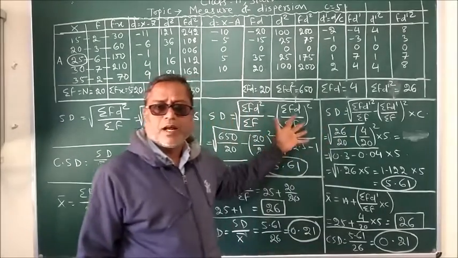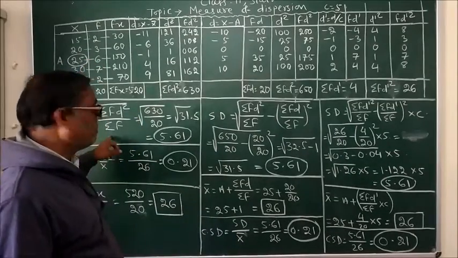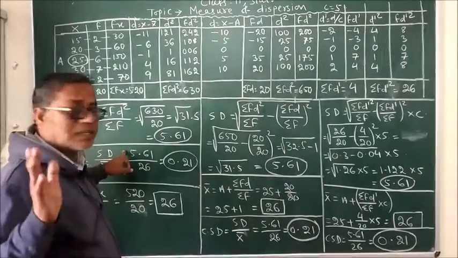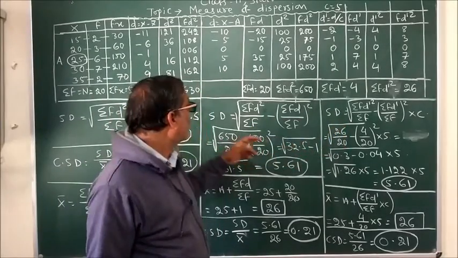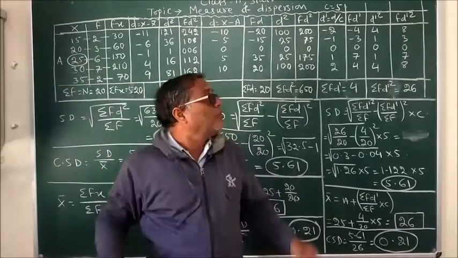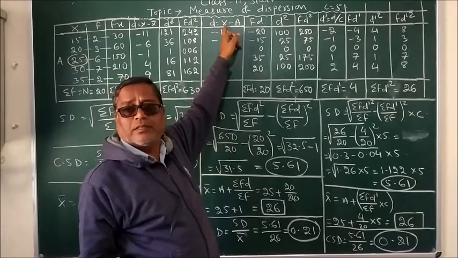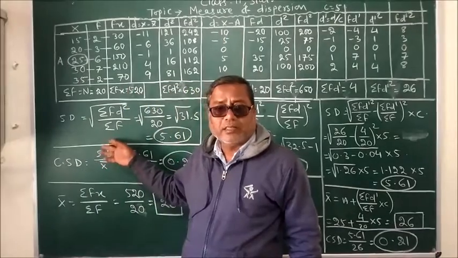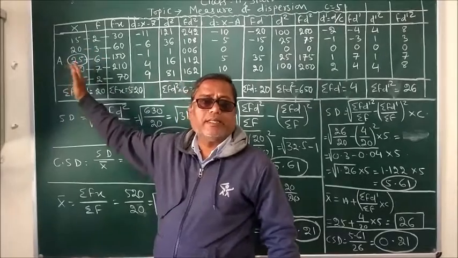We need different formulas because we actually use the actual arithmetic mean while using direct method, but when it comes to shortcut and step deviation method, we have to take some assumed mean, and we have to take the deviation from the assumed mean, that is d equal to x, that is value, minus assumed mean. But in direct method, we take the actual mean, we don't take any assumed mean.